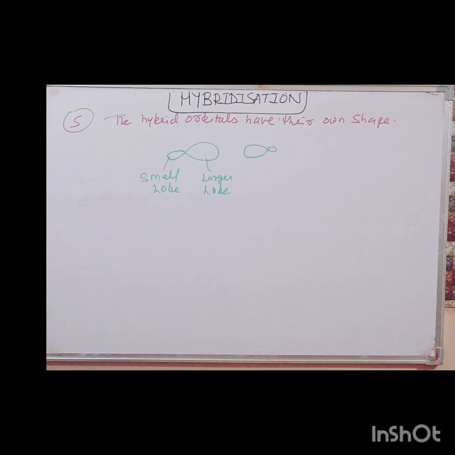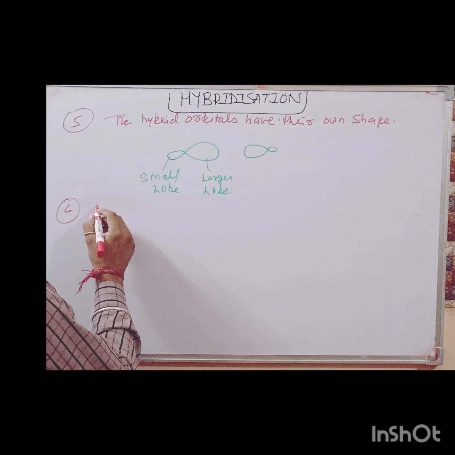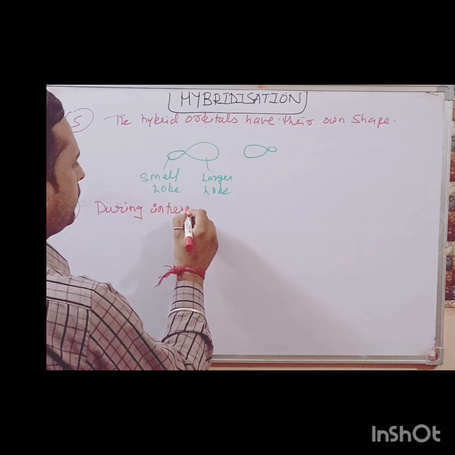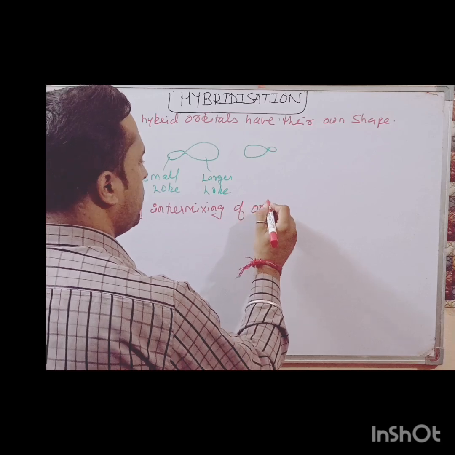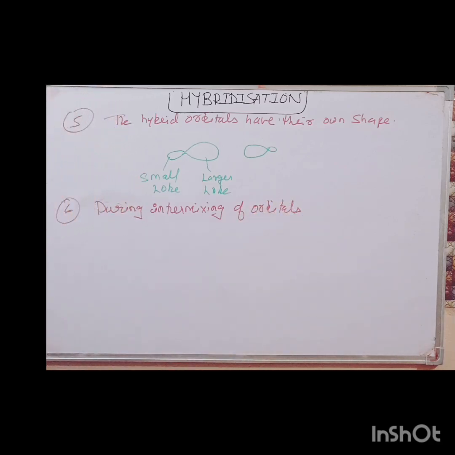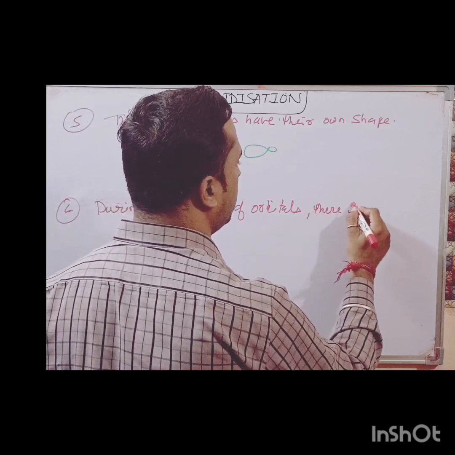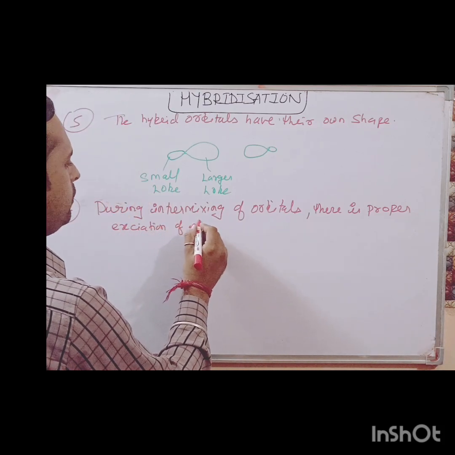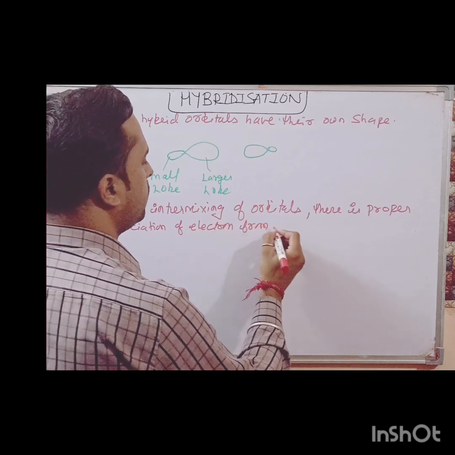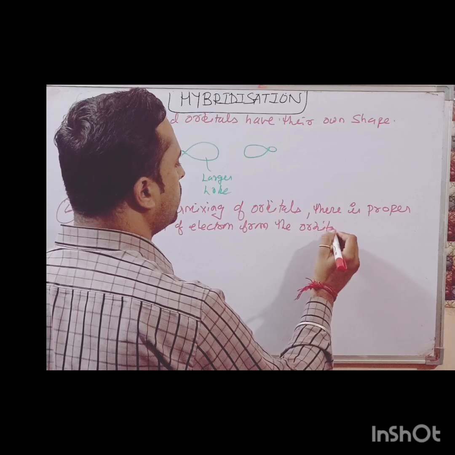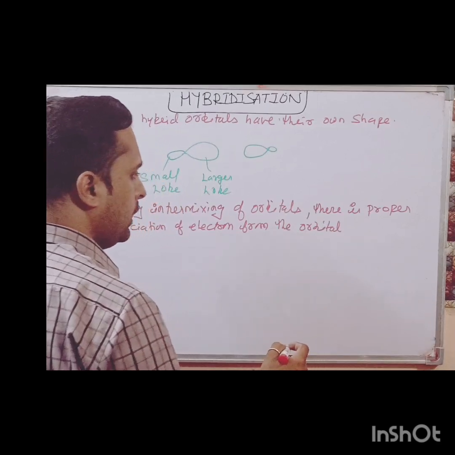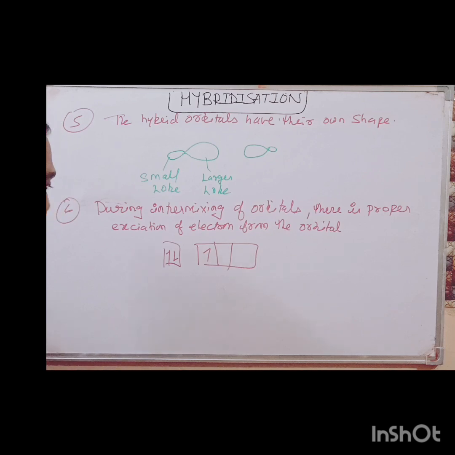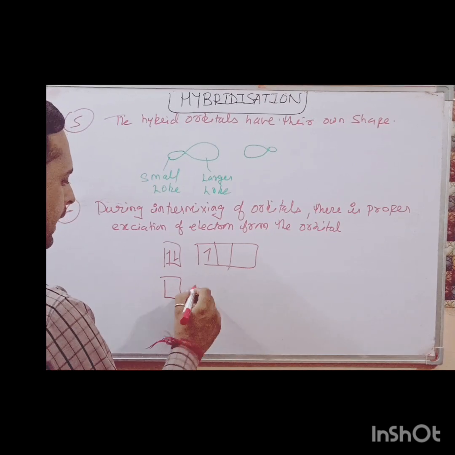One more law was there. During intermixing of orbitals, there is proper excitation of an electron from the orbital. Suppose we have 1, 2, 3 electrons here, then if you want to form a certain molecule, there would be excitation of the electron.